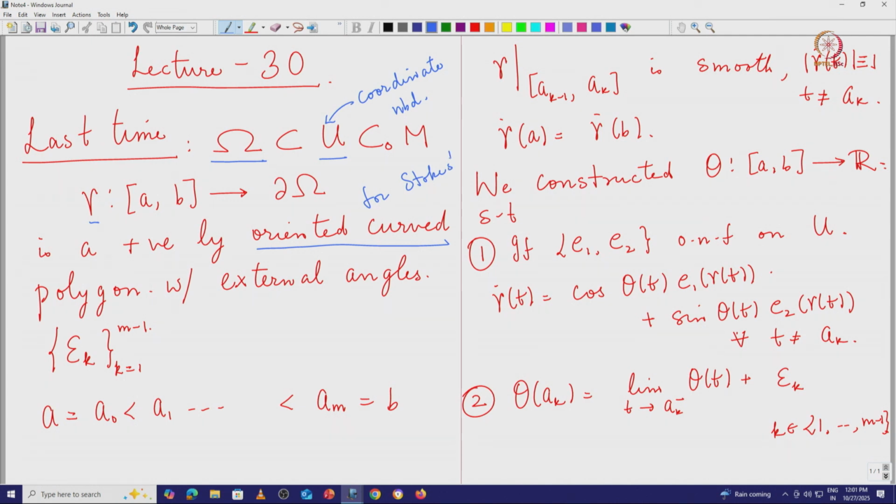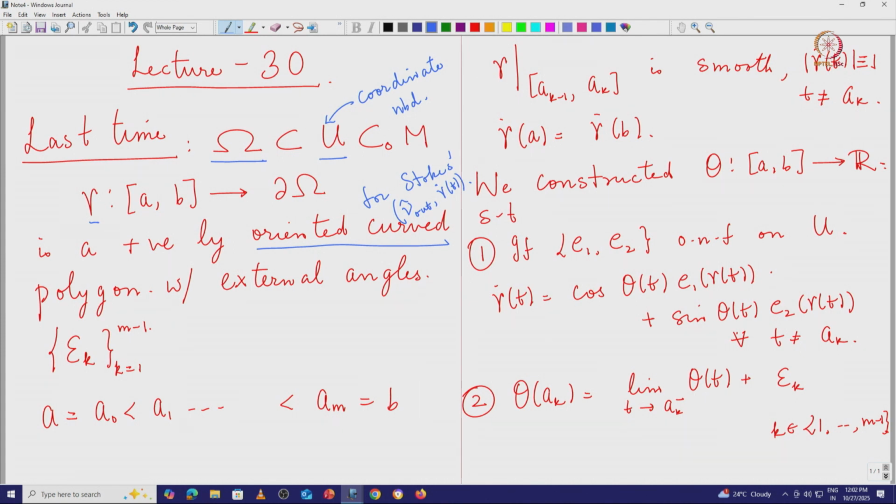That basically means that the outward normal and gamma dot of t form an oriented basis for the tangent space of M at gamma of t. So it is a positively oriented curve parametrizing the boundary of omega, and it is a curved polygon with external angles epsilon k, where k ranges from 1 to m minus 1.